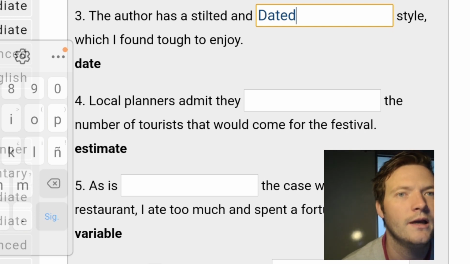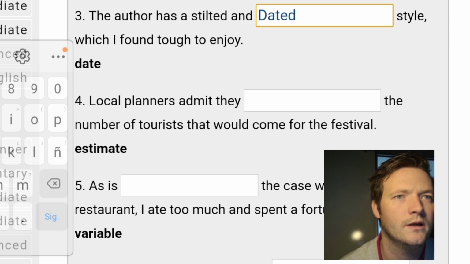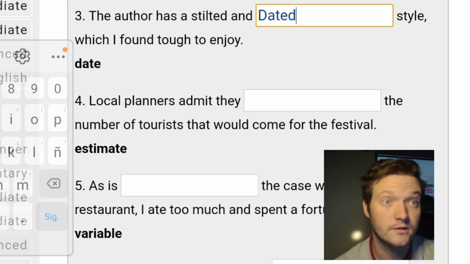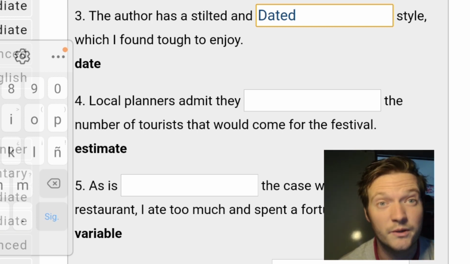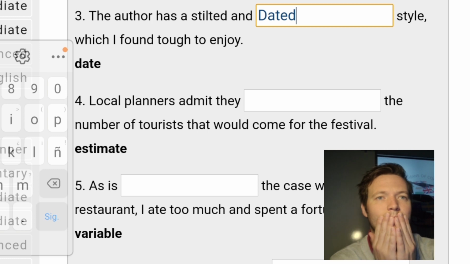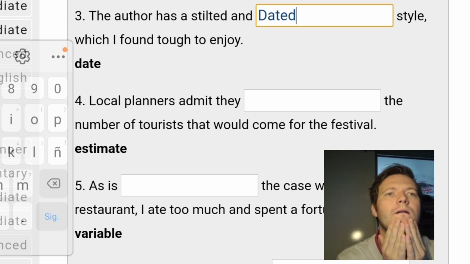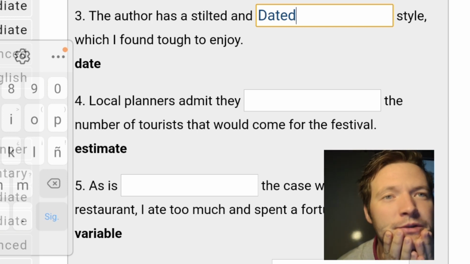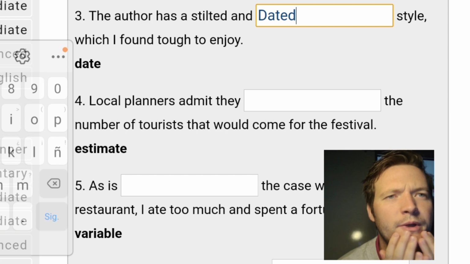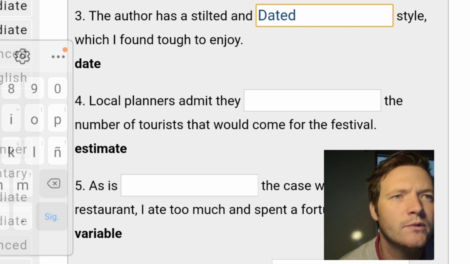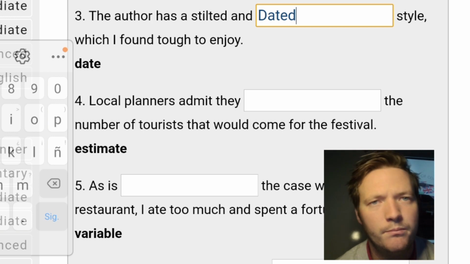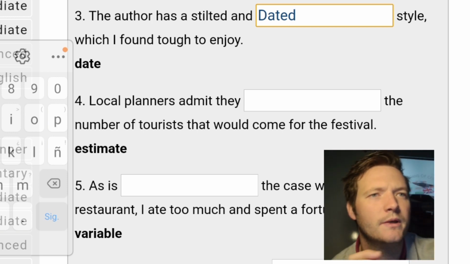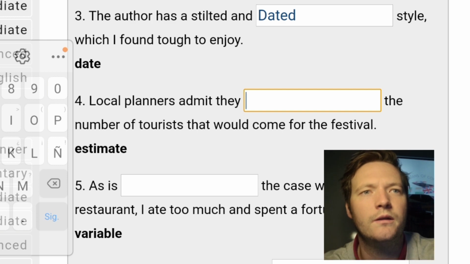Local planners admit they underestimated the number of tourists that would come to the festival. Right, so I guess it's a problem if you estimate fewer than actually arrive. I don't know, what would be a bigger problem? Overestimating or underestimating?